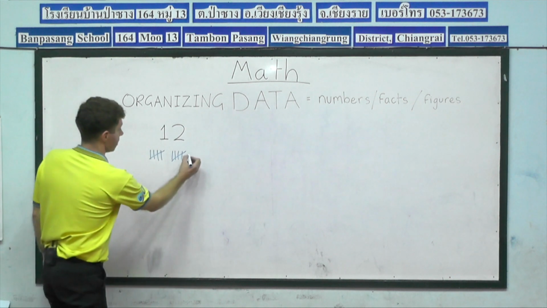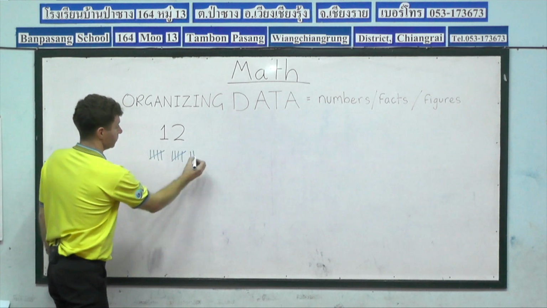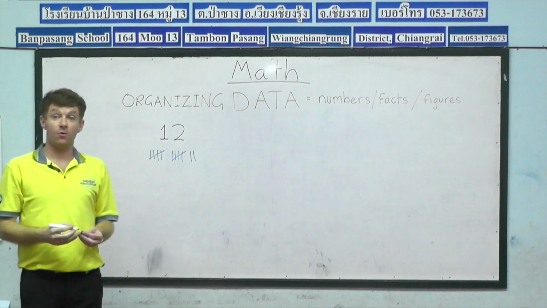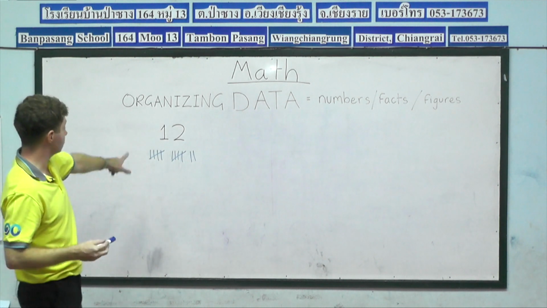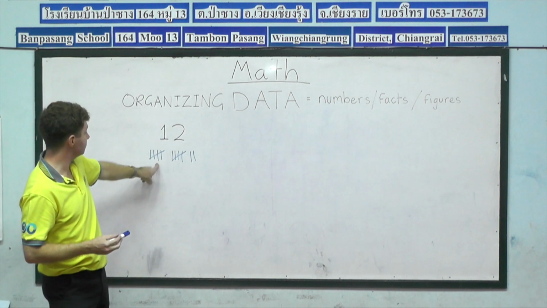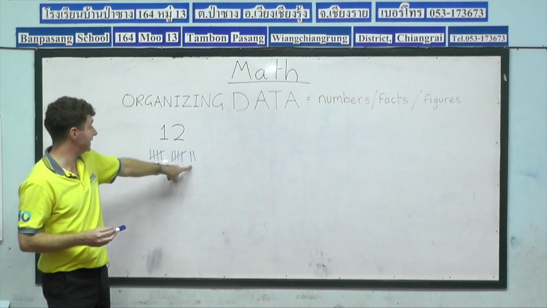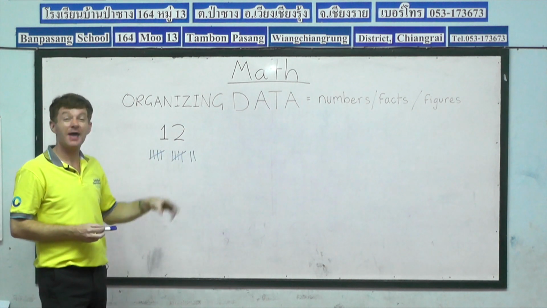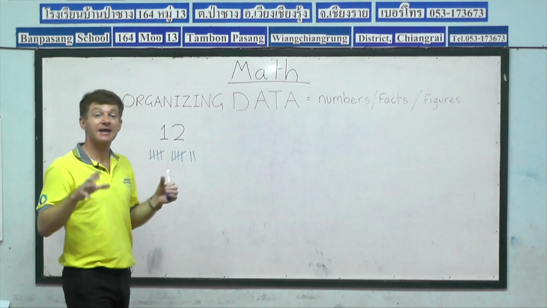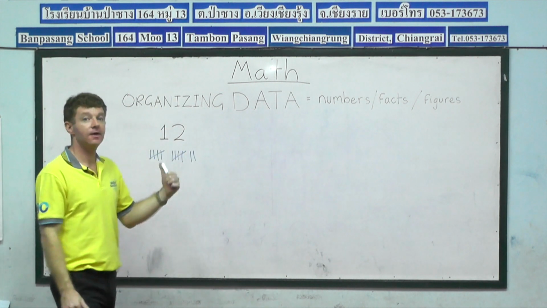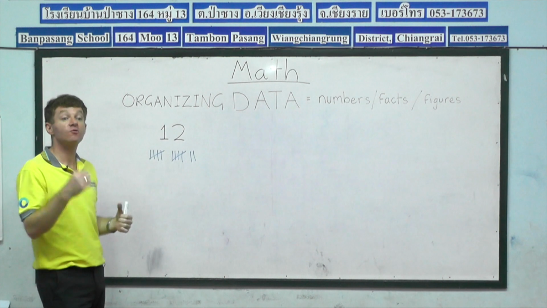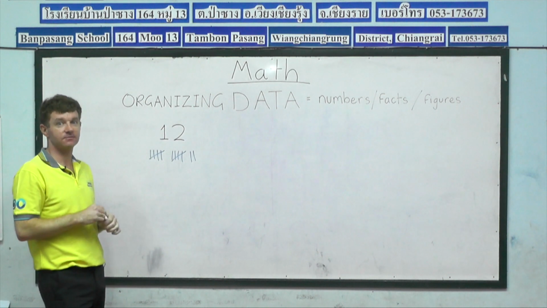So we simply go 1, 2. When we get used to using tally charts, we can look and automatically see 5, 10, 11, 12. And when we're doing surveys, collecting and organizing data, it's a far quicker and more efficient way to record numbers and answers.